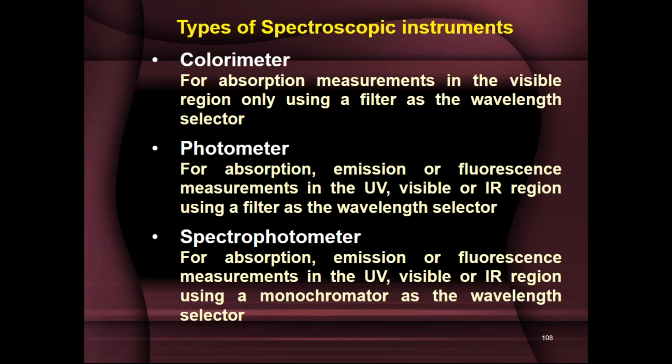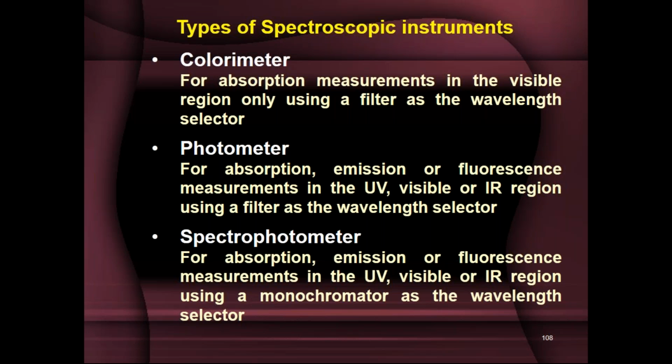Next is a photometer. This is an instrument for absorption measurement or emission measurement or fluorescence measurement in the UV, visible or IR region using filter as the wavelength selector. Okay, so now here a photometer can be used for absorbance measurements.